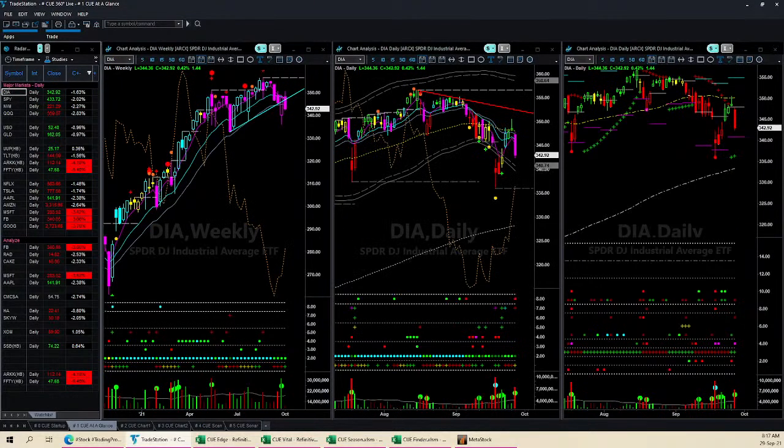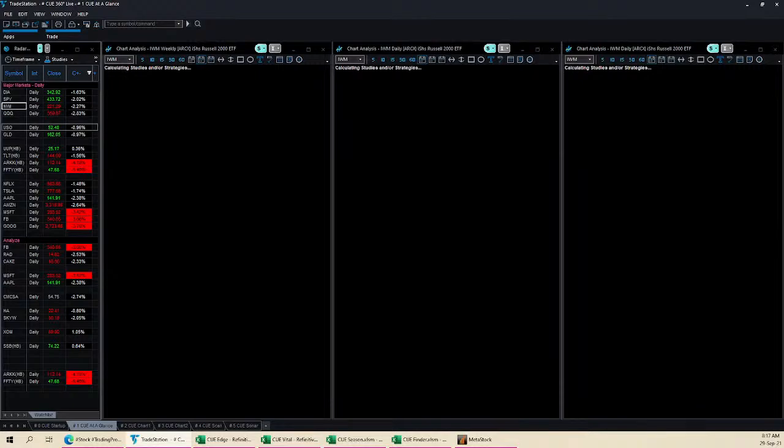DIA is close to lower boundary, not yet hitting the lower expected move. If at all you tried to short, you could look at DIA, but I wouldn't do that. Already the reward risk is not attractive. That's why it's not the right time to short DIA also.